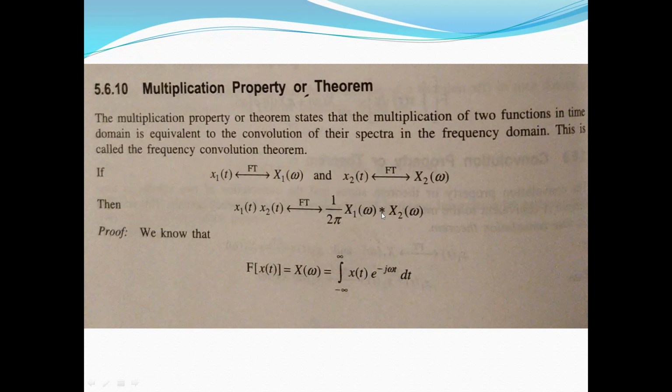Star is the convolution operation. Now for the proof, we will start by writing the formula of the Fourier transform. The formula is F of x of t equals capital X of omega, which is the integration from minus infinity to plus infinity of x of t e to the power minus j omega t dt.